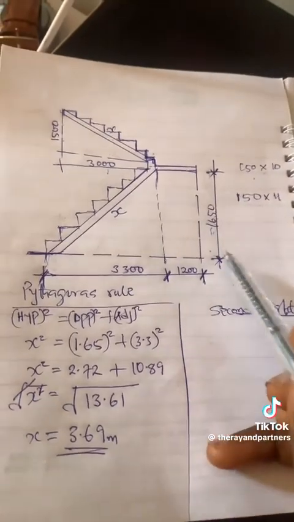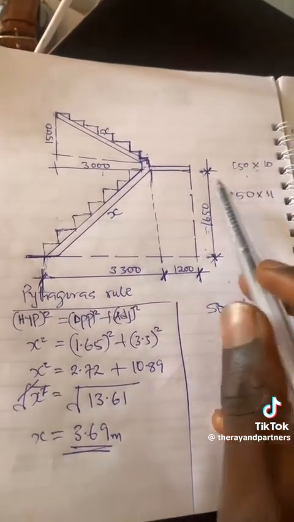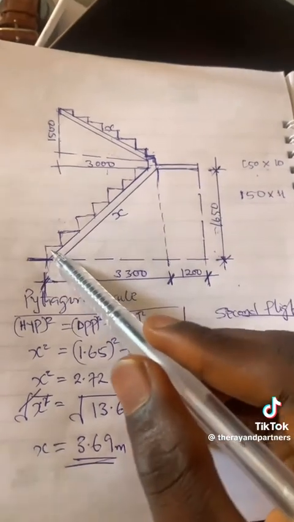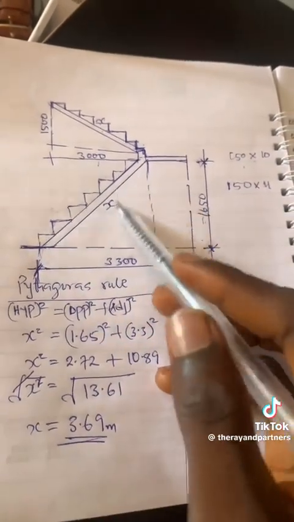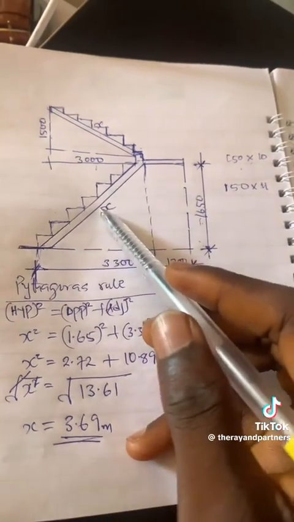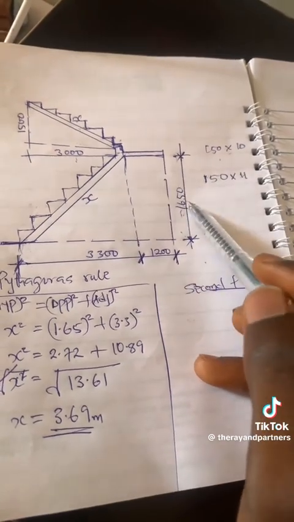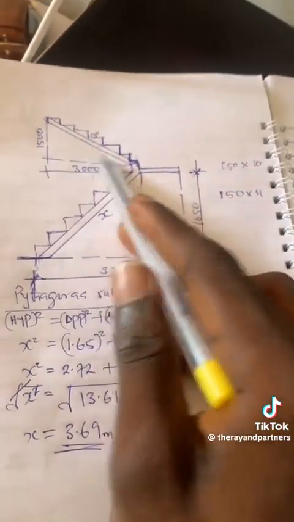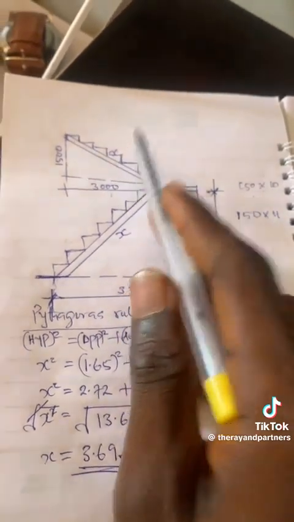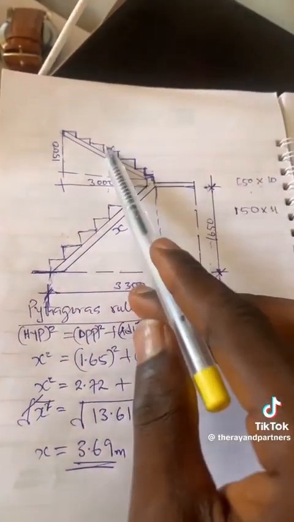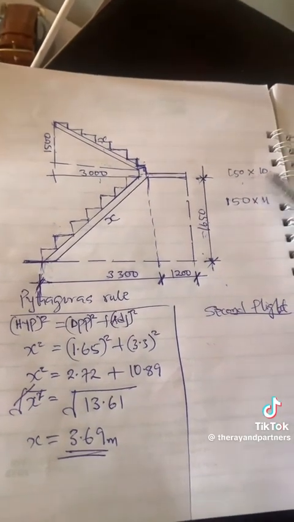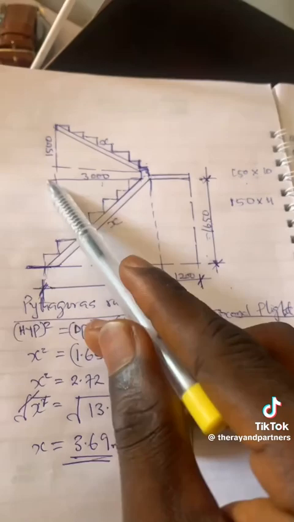If we want to get the height from here to this place, you will multiply the riser by the number of steps in this first flight, which will give us 150 multiplied by 11 steps will give us 1650. Same thing for the second flight. We have total number of 10 steps in the second flight. We will now say 150 multiplied by 10, it will give us 1500.